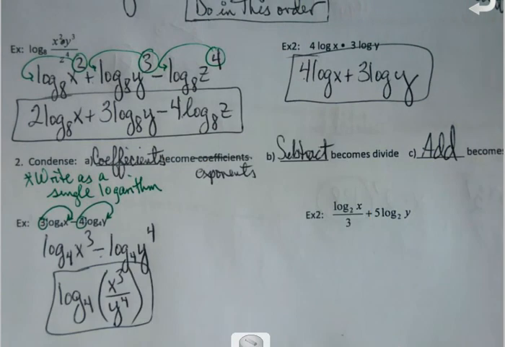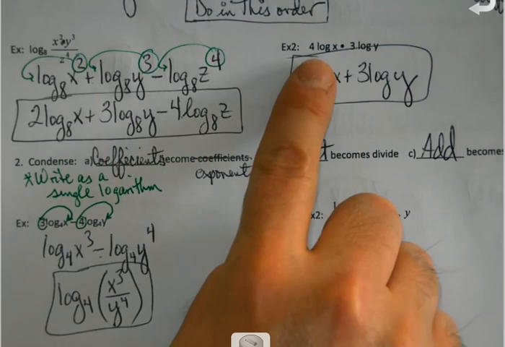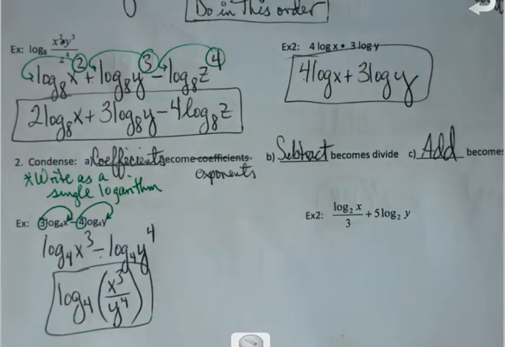That's the same directions as telling you to condense. In other words, I want to get this down where there is one log with one base and everything else is smashed back together. So notice I didn't write log 4 twice, or like we did up in a couple of the examples above, write it 3 times. Okay? One logarithm. When we condense, they should look like an original problem may have up in example 1 or 2. So I'd need to get to this part and then I'm done.